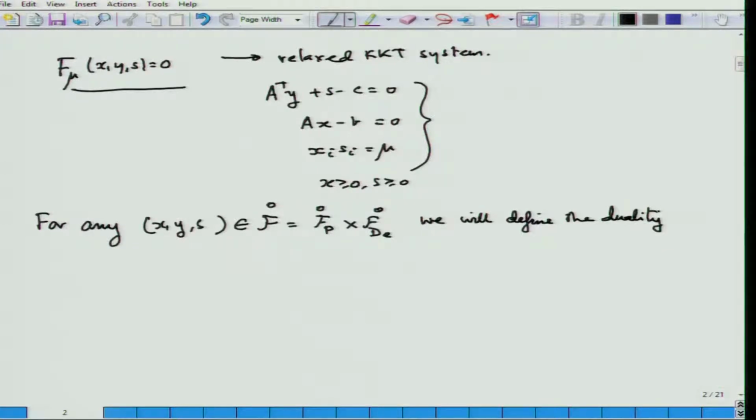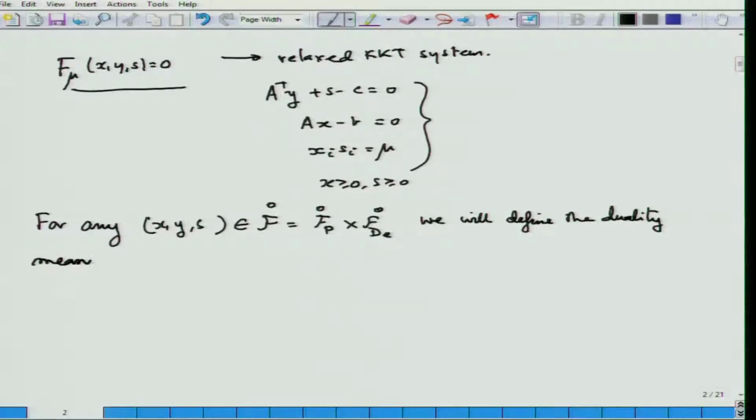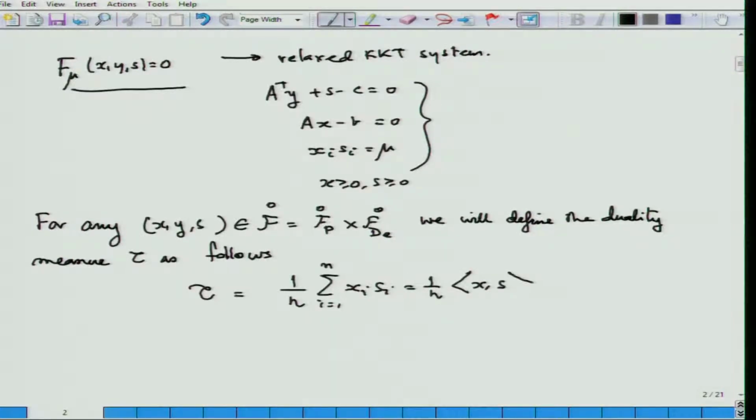The final approximate solution that I will get will not give me xi si equal to mu, but I will try to see on average what is the value taken up by the product. So, we will define the duality measure tau as follows. Tau is equal to 1 by n summation of xi si, i equal to 1 to n, which is the same as the inner product.